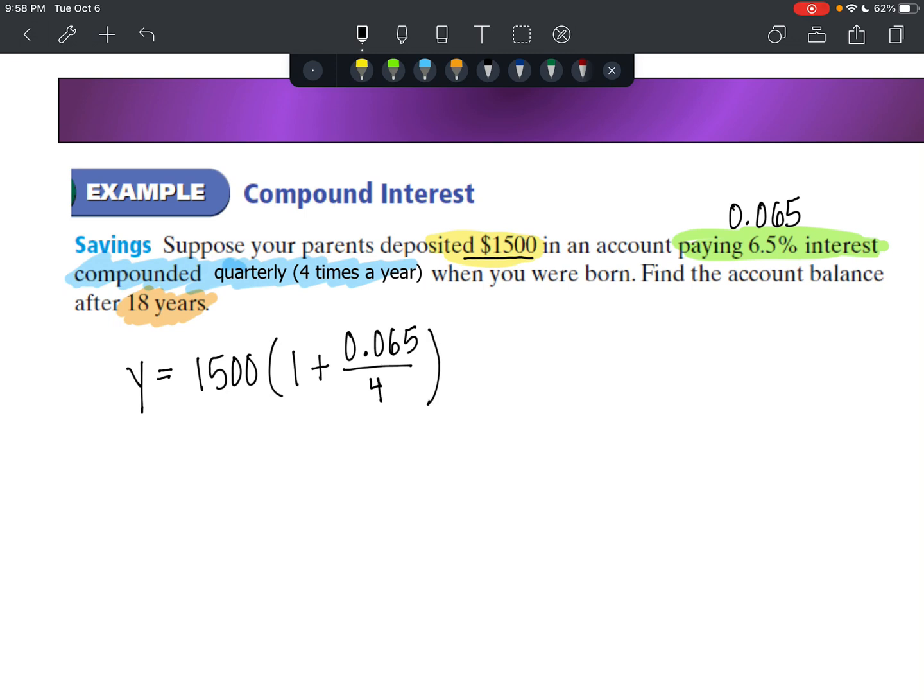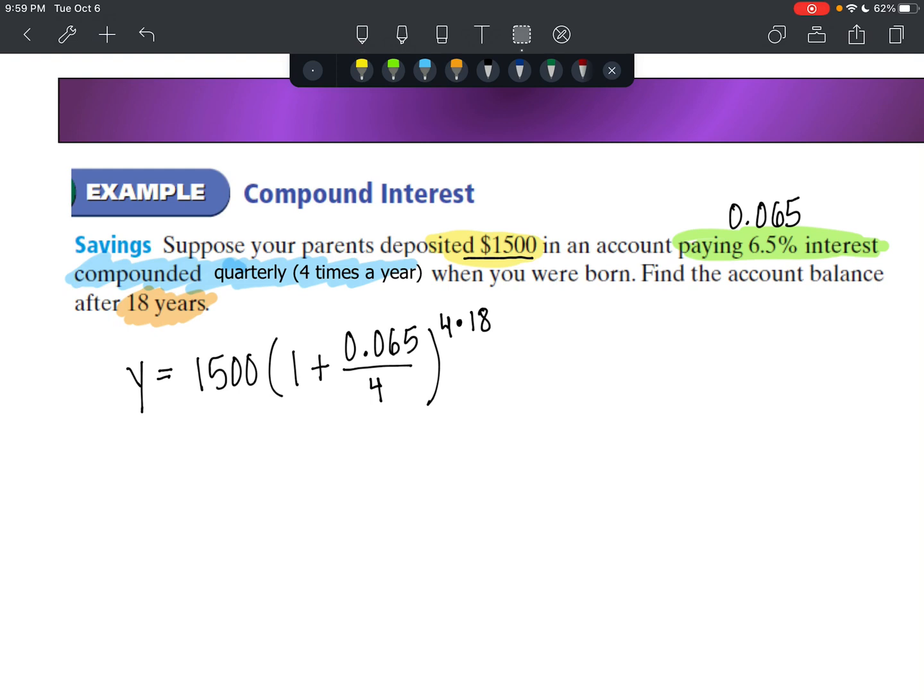Now, if I divide that amount by 4, that means they're not looking at my account 18 times for 18 years. They're looking at it 4 times a year for 18 years. So they're looking at it 4 times 18 times.